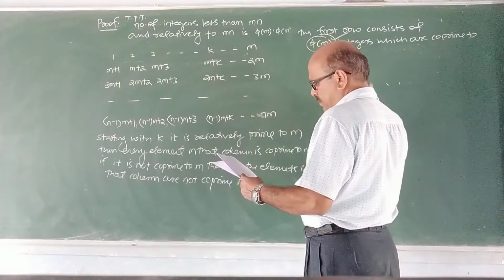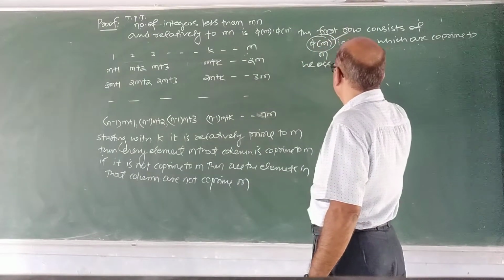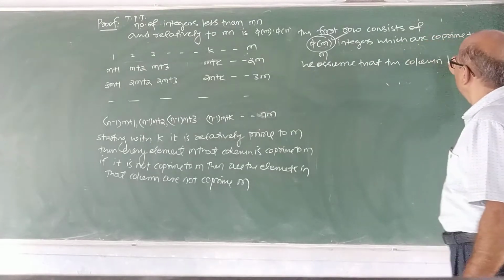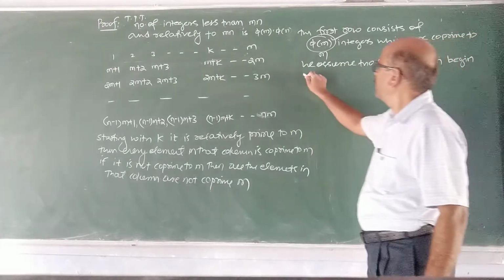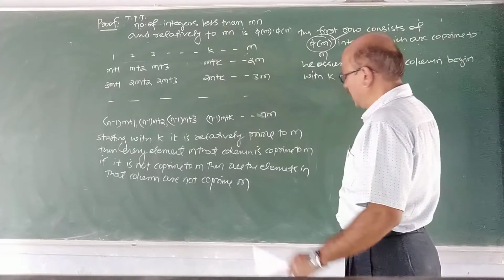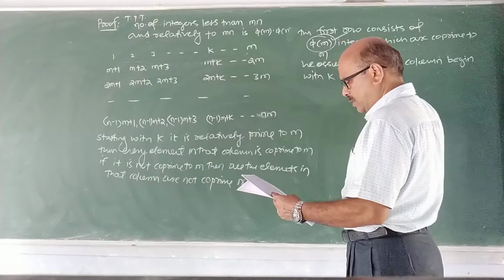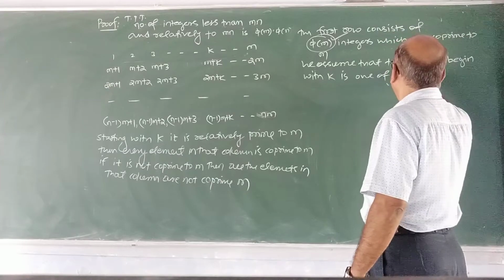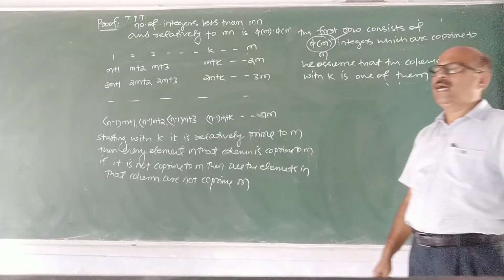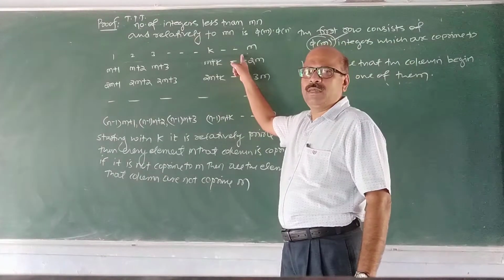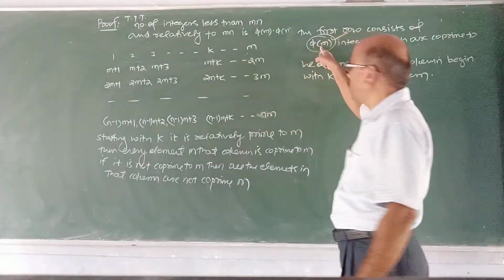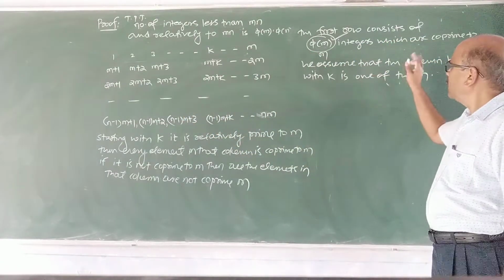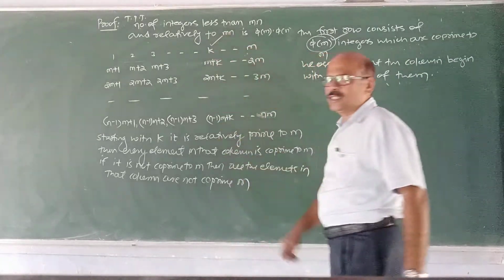We assume that the column beginning with k is one of them. How many columns are relatively prime to m here, less than m? Pi m columns. Total pi m columns are there. Out of that, we assume that the column leading k is one of them.